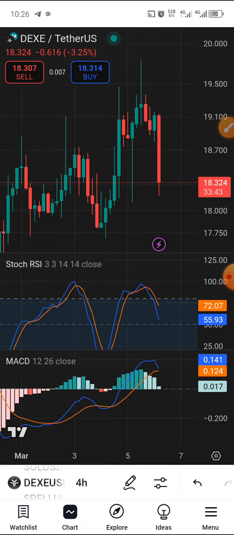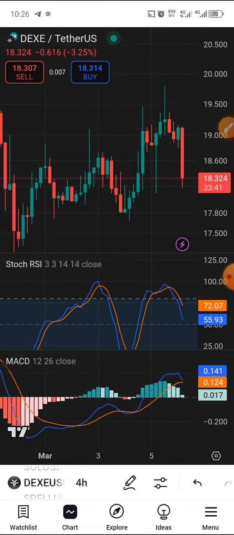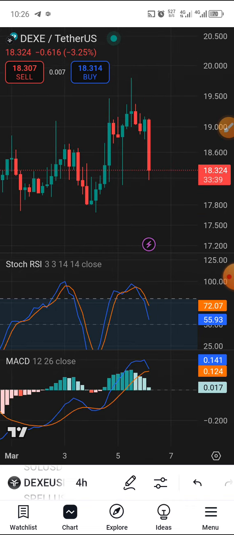So like I told you, while drawing the support and the resistance, first spot where the current price is, because minus spotting the current price, you will never know which line you are going to draw. Are you going to draw the support or the resistance?